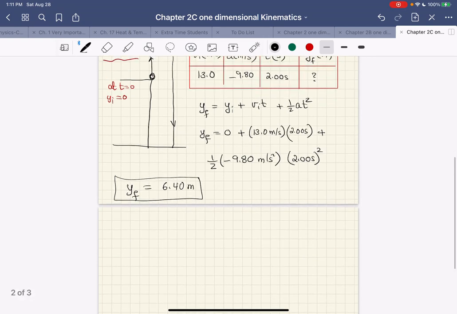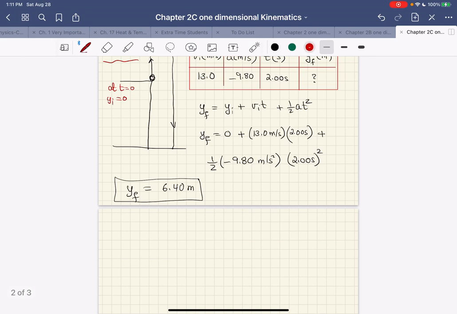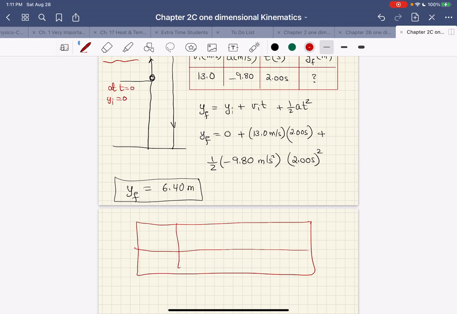Now I can calculate the velocity. I have my initial velocity. I don't want to use anything from the calculated quantities. The time is 2 seconds, and A is negative 9.8 meters per second squared. Finally, I'm looking for V final.